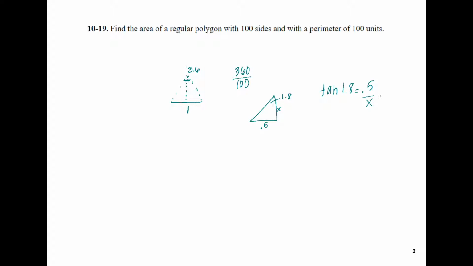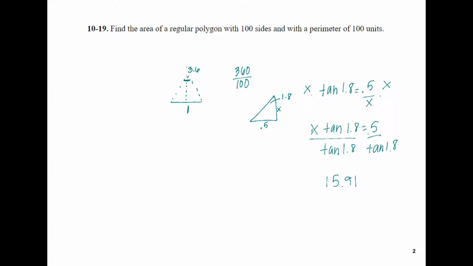I need to multiply both sides by x, and then in order to get x by itself, I need to divide by the tangent of 1.8, which gives me a height of approximately 15.91.